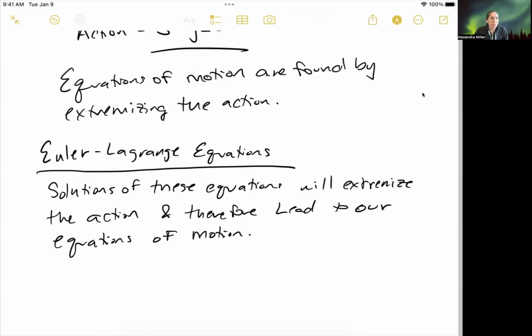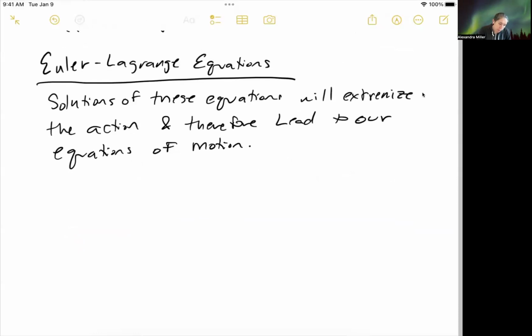There are derivations of the Euler-Lagrange equations that are not too challenging. I'm not going to go over them in this video, but you can just look it up and find them. Here, I'm just going to give you the answer.